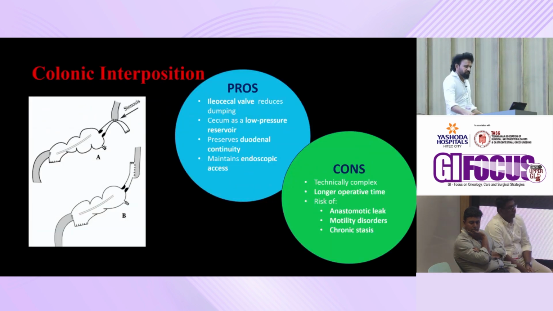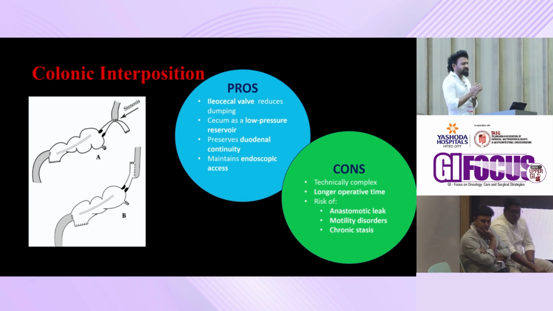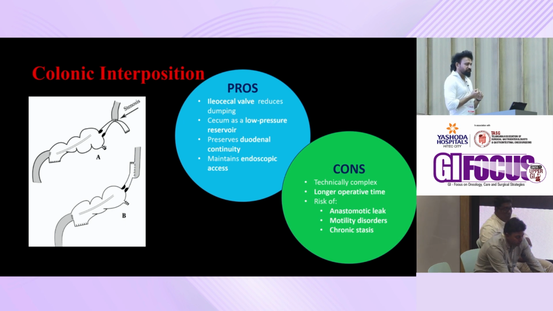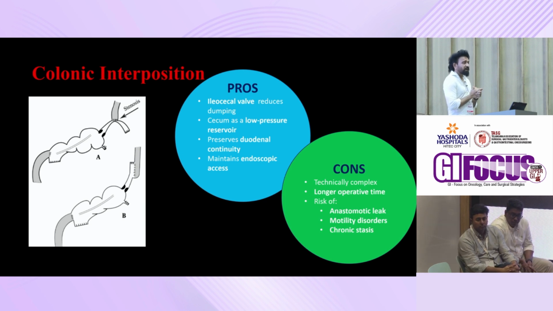The last note is about colonic interposition. You can use the ileocecal segment, the distal ileum with the cecum. There the ileocecal valve reduces the dumping and the cecum acts like a low pressure reservoir, and you can have duodenal continuity and access with endoscopy. But the disadvantages are longer operative time, high anastomotic leak rates, motility disorders, and chronic stasis can cause problems.